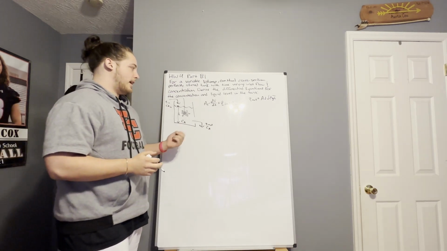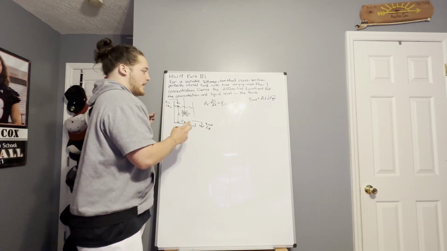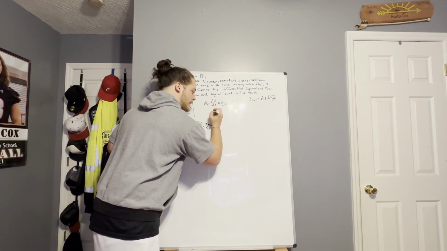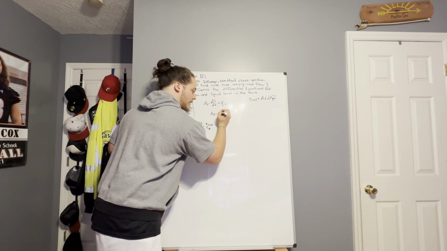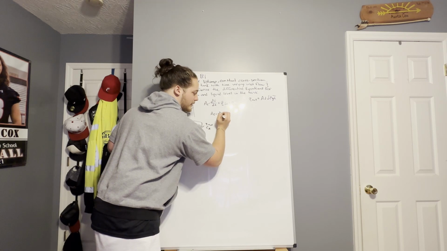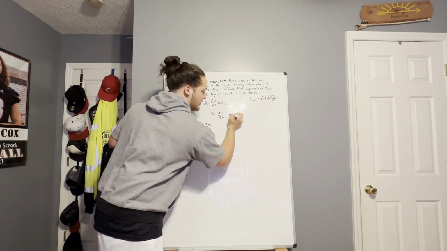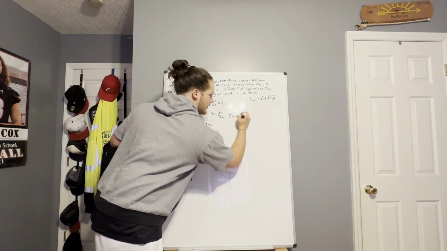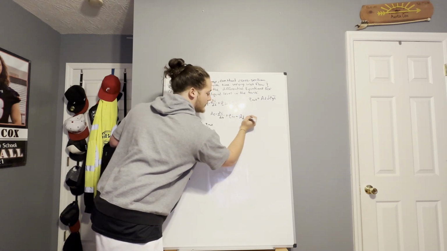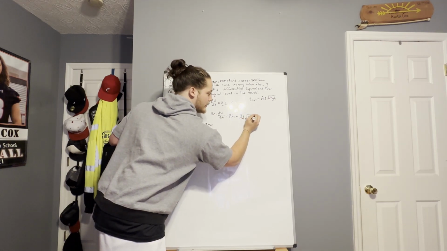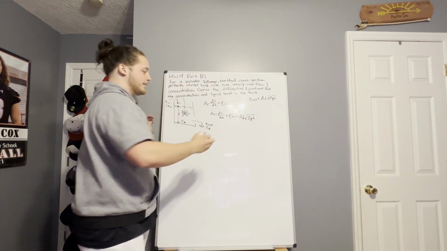So now that we have our Q out value, we can rewrite this expression as the cross-sectional area times the differential volume with respect to time is equal to Q in minus the drainage hole area times the square root of 2GH velocity.